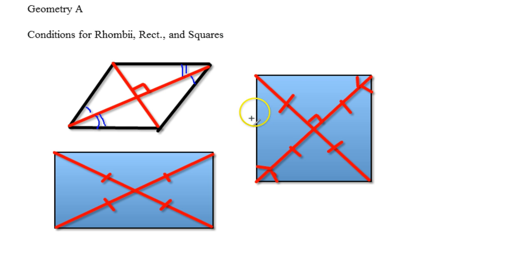You would need to know both of those for a square to happen. So please understand that you need both the properties of a rhombus and a rectangle to actually make a square.